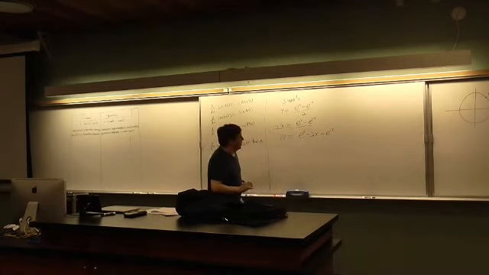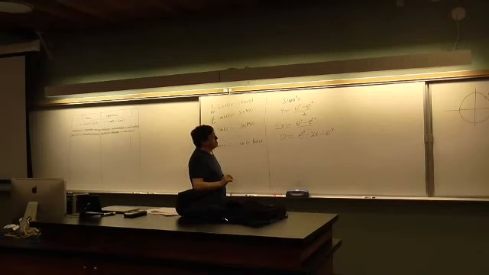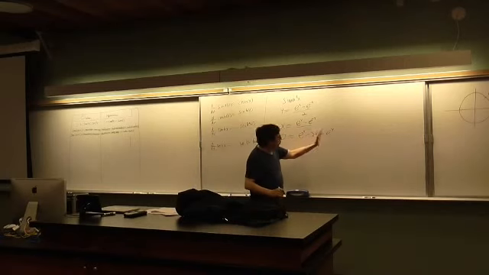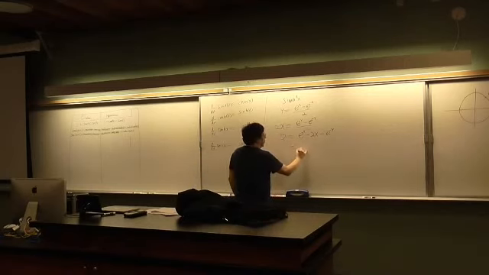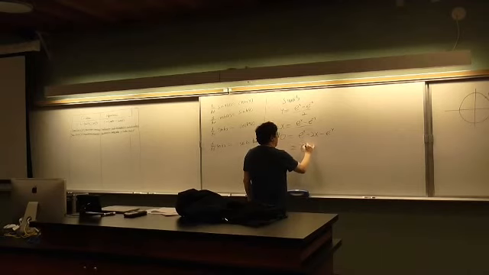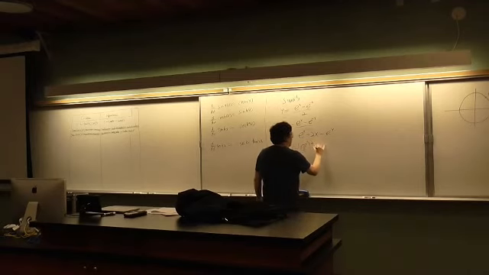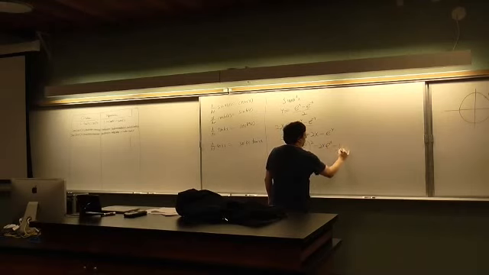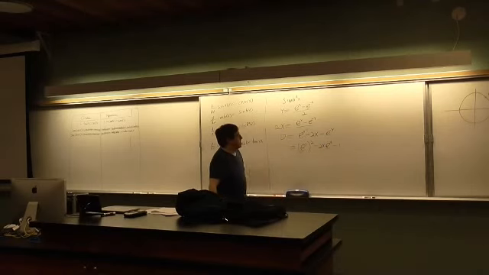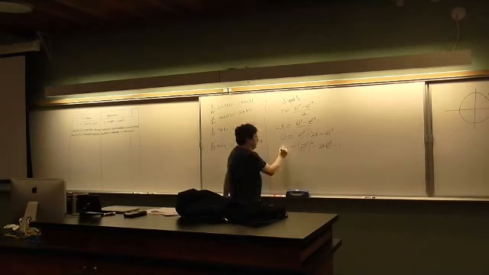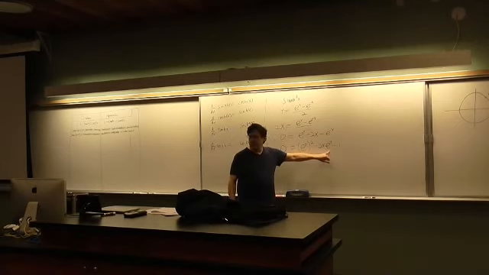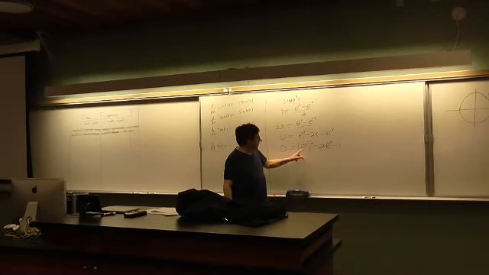Not ready to solve for y yet. Let's multiply through by e to the y. So I'm going to get e to the 2y minus 2x e to the y minus 1. If I look at this, this is actually a quadratic equation, except instead of x, I have e to the y.